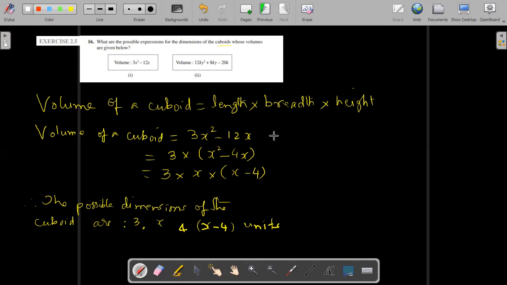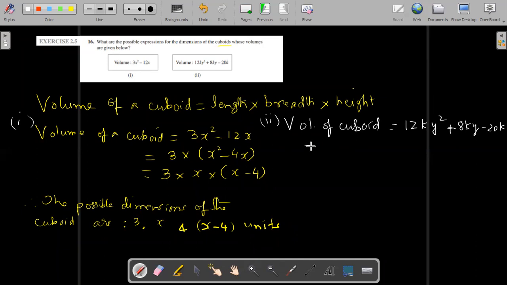Similarly, the second question. This is the first one we have done. Now similarly we will do the second one, that is the volume of a cuboid. We have 12ky square plus 8ky minus 20k.